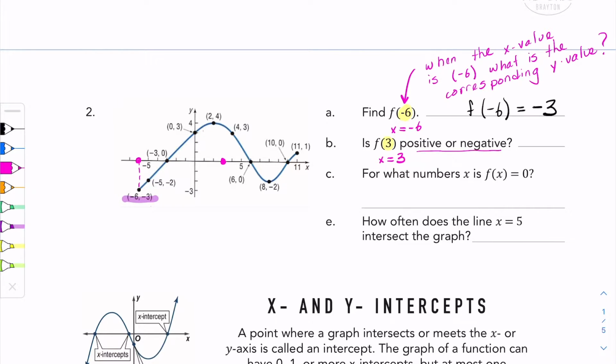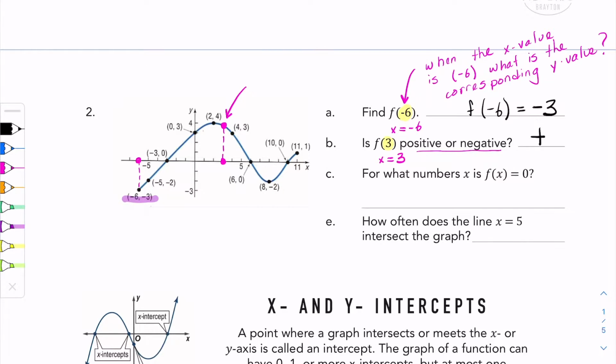All it's asking is whether the answer is going to be positive or negative. Well, the corresponding y value is right here. That's obviously a positive y value. It's at approximately 3.8 maybe. Pretty close to 4. But no matter what, it's a positive value.